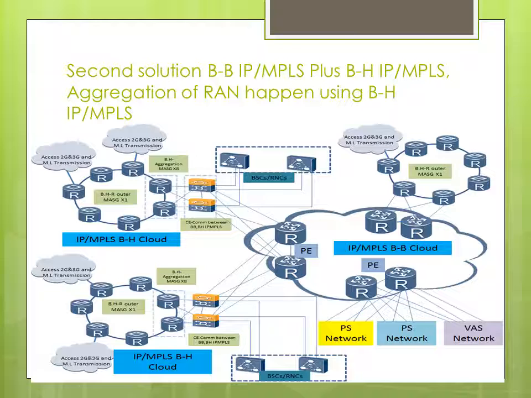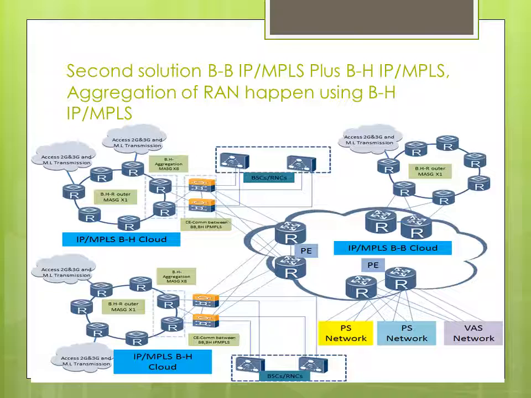Accordingly, we did integration between the IP MPLS backbone and the IP MPLS backhaul, as we are going to show in next courses. This integration gives simplicity in the implementation of IP MPLS almost end to end, from access equipment toward our core equipment.